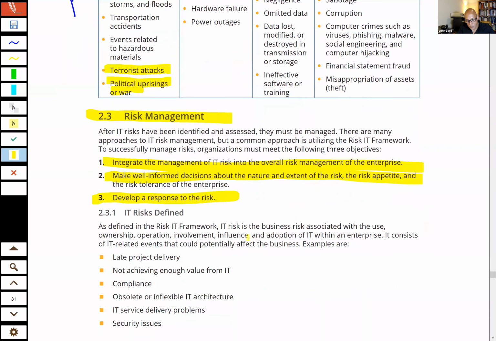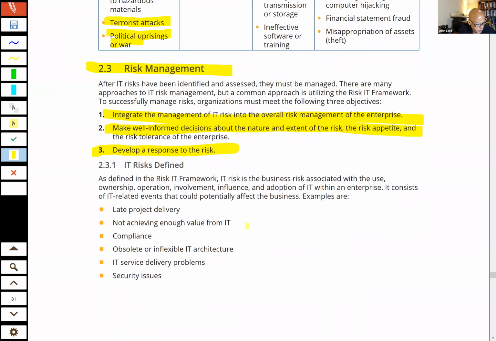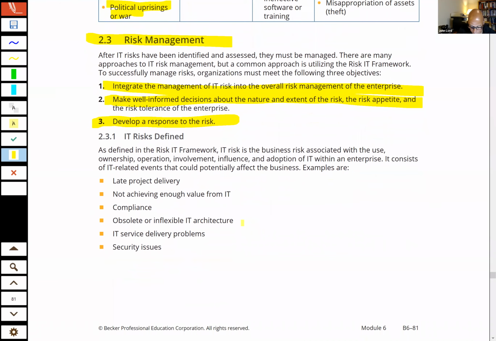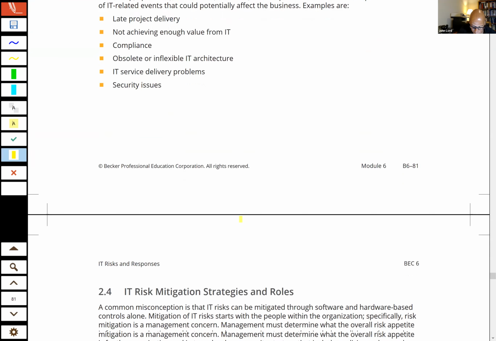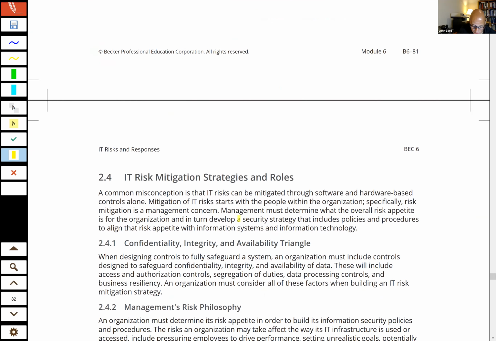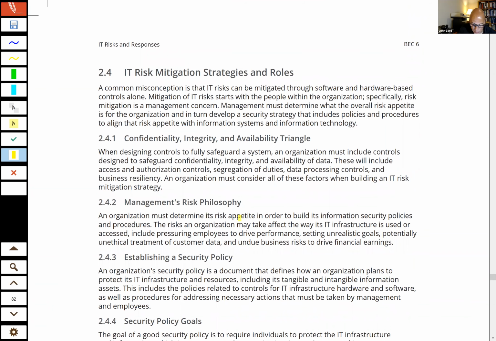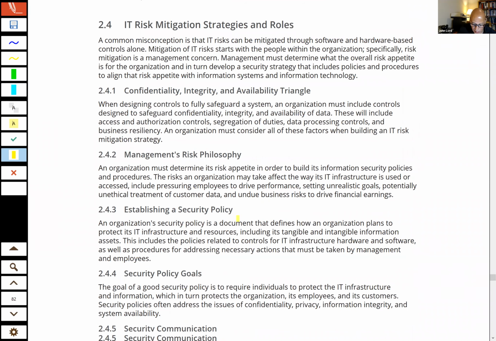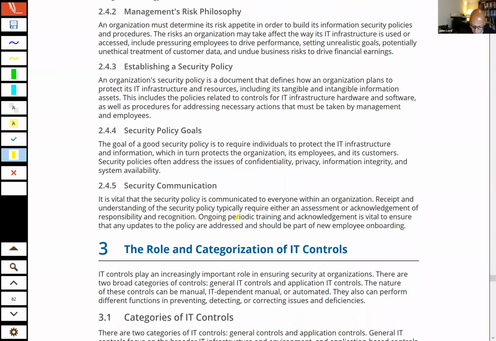Okay, now, they start to get into quite a bit of additional descriptions of the different things that we've talked about already: confidentiality, integrity, all of these different things.